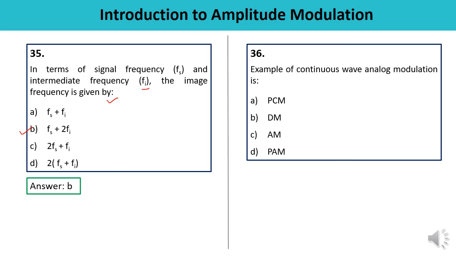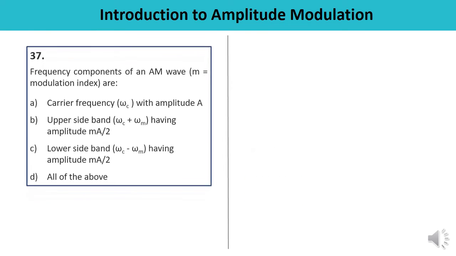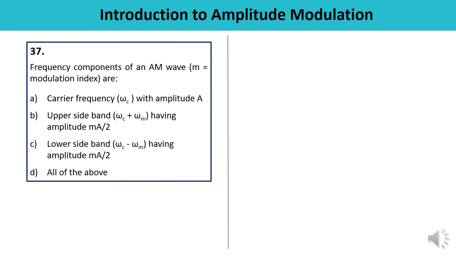Next question. Example of continuous wave analog modulation. Read all the options carefully. Here you have to pick the continuous wave analog modulation. PCM, this is a digital modulation. DM, delta modulation. PAM. So the example of continuous wave analog modulation is amplitude modulation, means the correct option is C. Next, frequency component of AM wave.